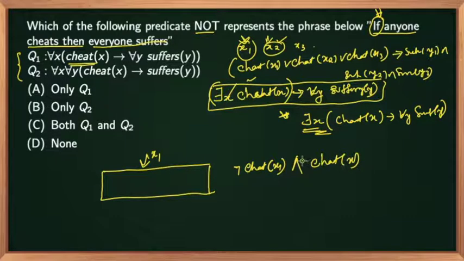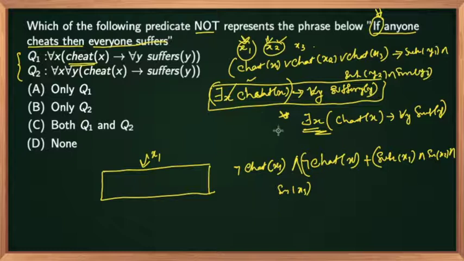I am just calculating not of cheat of x, that will be false now. So if it is false, then what should I do? Then I should evaluate that suffers of x1 and suffers of x2 and suffers of x3 should be true, right?